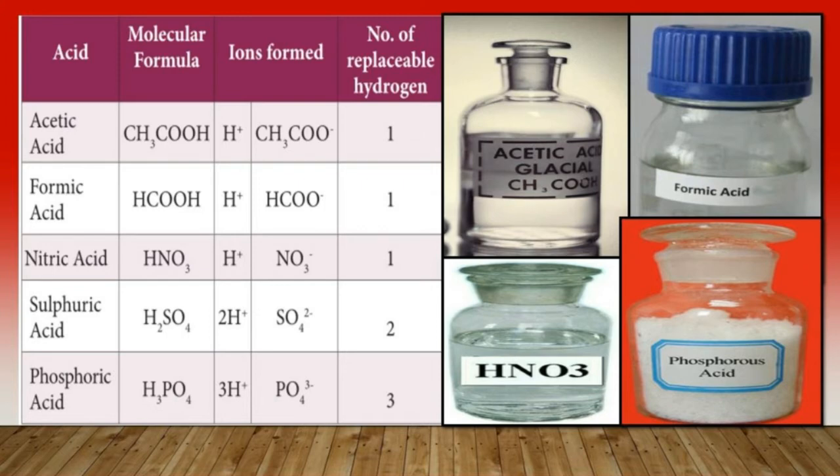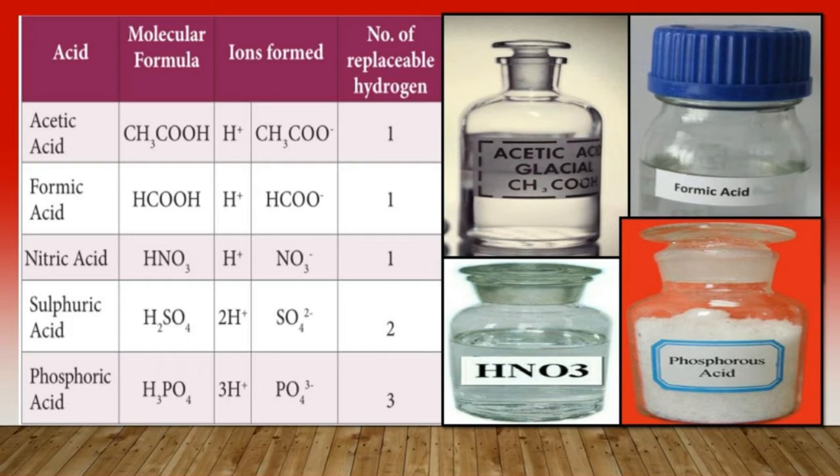Let us see the acids, their molecular formulae, how the ions are formed, and the replaceable hydrogen. Acetic acid, CH3COOH, is the chemical formula. The ion present in acetic acid is H+, consisting of only one hydrogen ion.